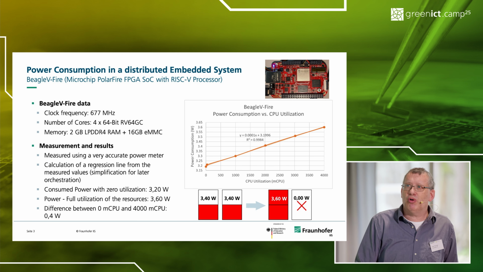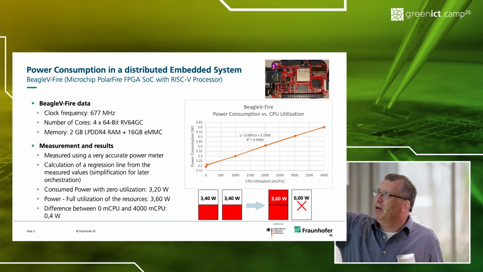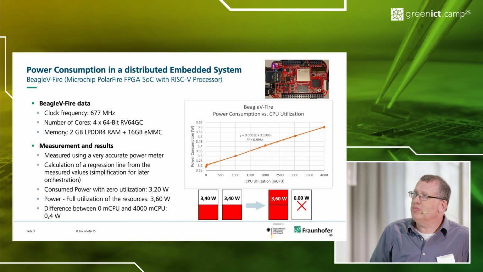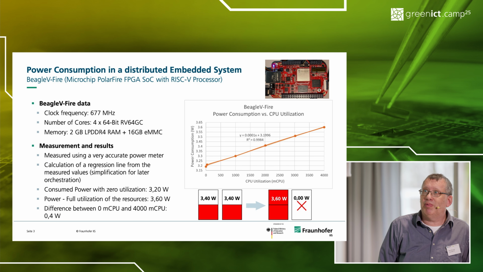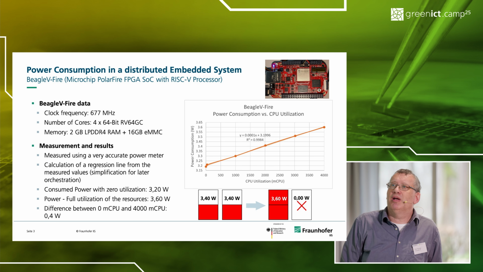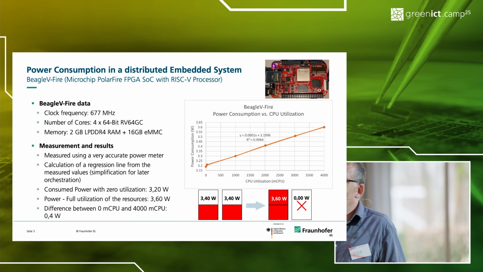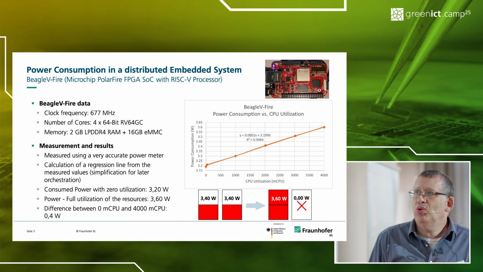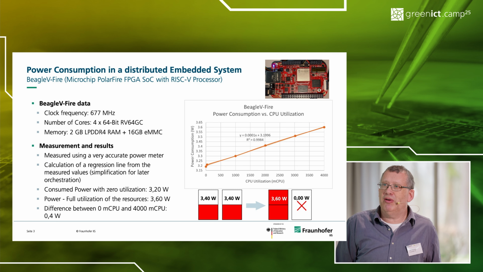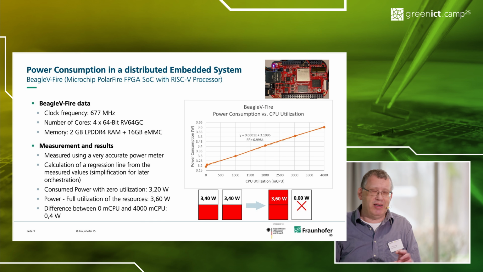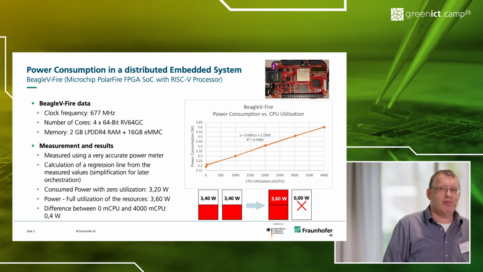And you see in comparison to the slide before that at a performance of 4000 milli-CPU, all 4 cores are under full performance, we have only 3.6 watts, and at 0 milli-CPU we have a power of 3.2 watts. You see that the difference between worst case and best case is very, very small.